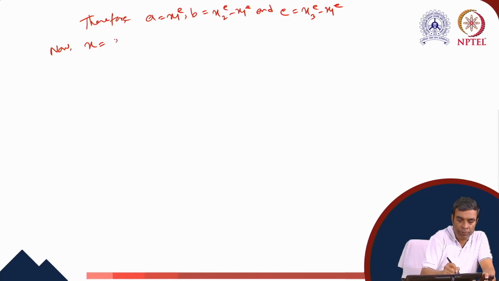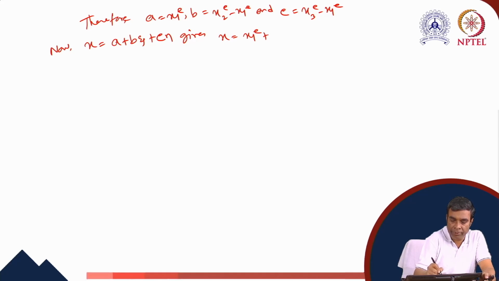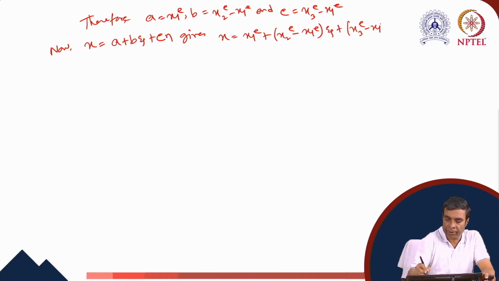Now, x equals A plus B xi plus C eta gives x equals x1e plus x2e minus x1e into xi plus x3e minus x1e into eta.